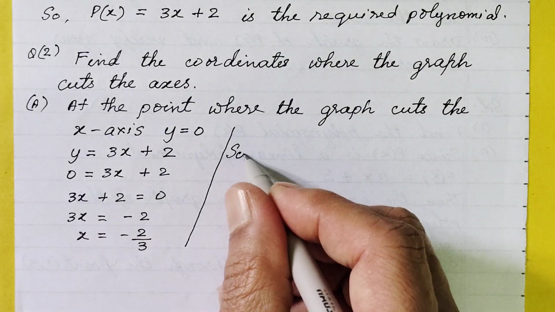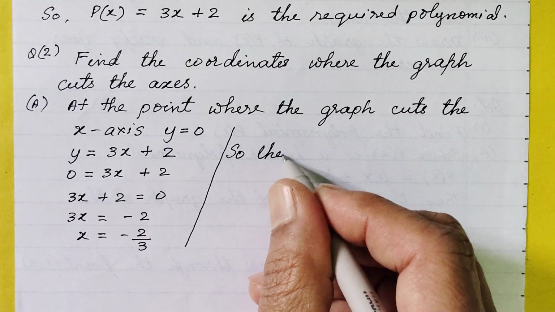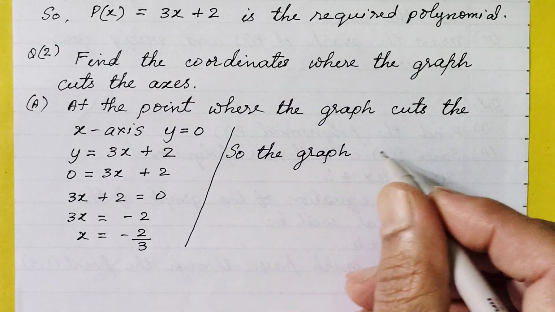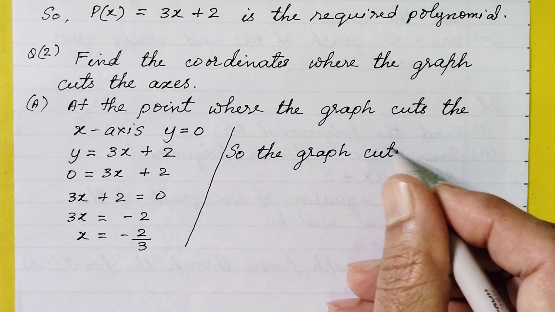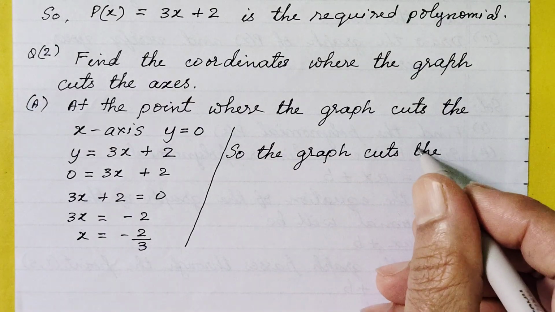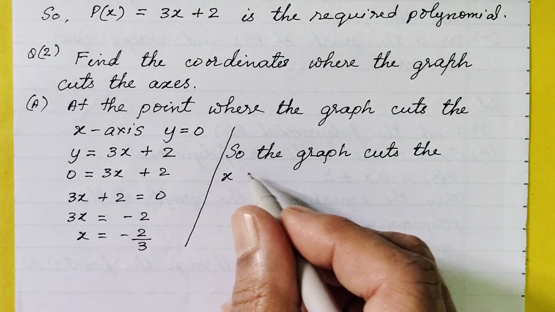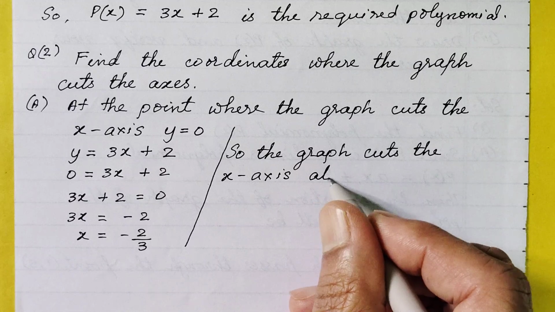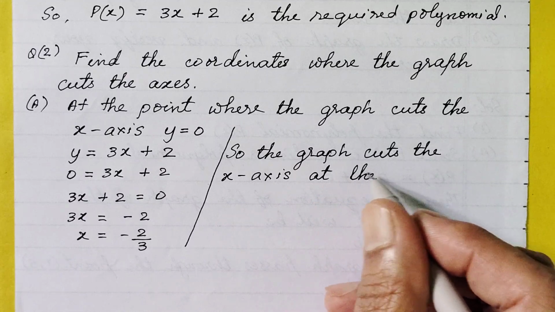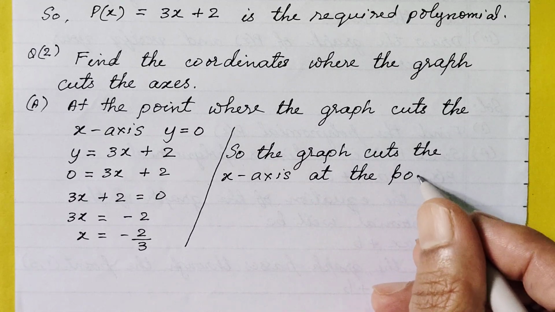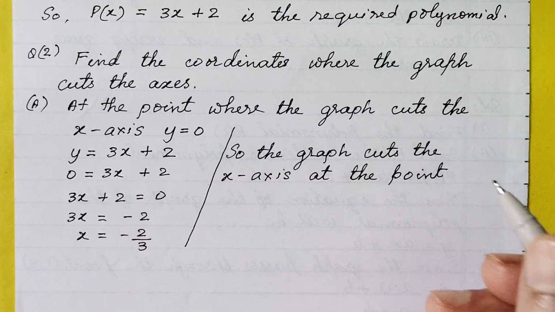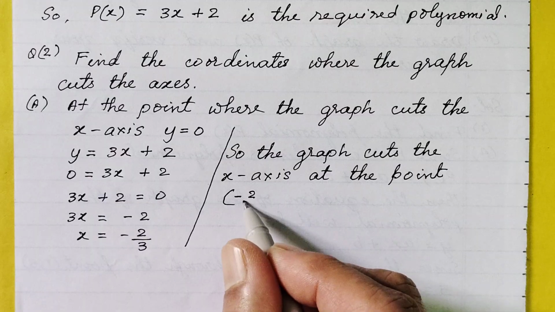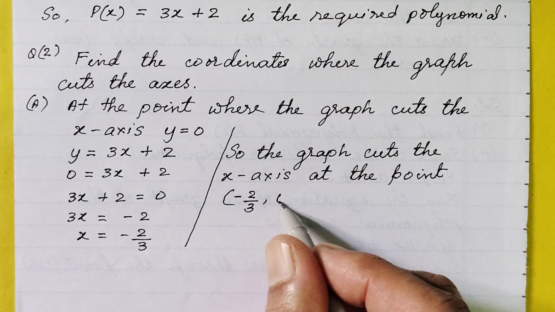So the graph cuts the x-axis at the point minus 2 by 3, 0.